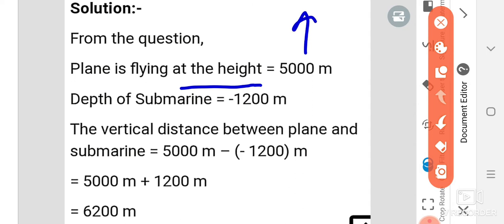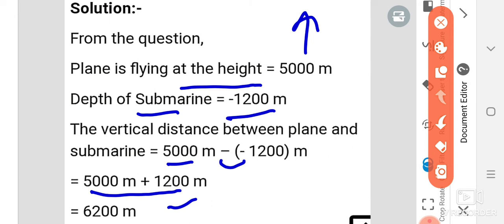That means above, that means positive, and the depth of the submarine, because below means depth, that means negative, minus 1200 meter. And the vertical distance between the plane and the submarine is 5000 minus the depth, that means minus 1200 meter. After that, this minus and this minus is plus. So 5000 plus 1200 meter. When we add these numbers, the answer is 6200 meter.